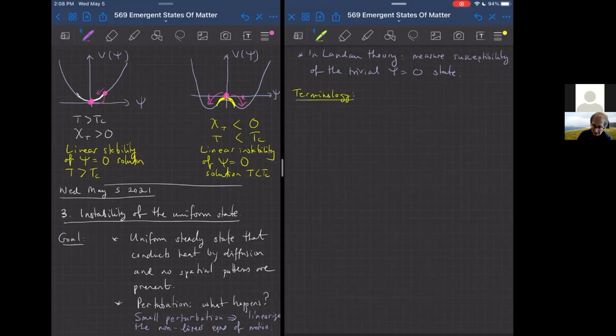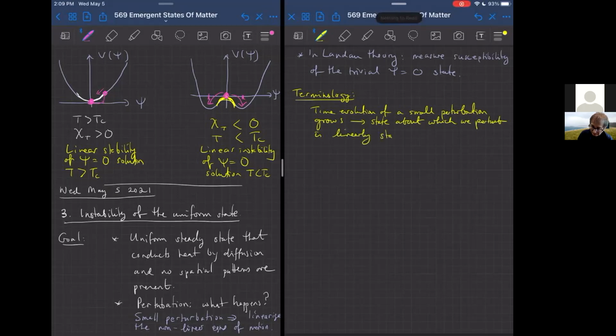If the time evolution of a small perturbation grows, then we see that the state we are perturbing around is linearly unstable. And it's important to say linear.